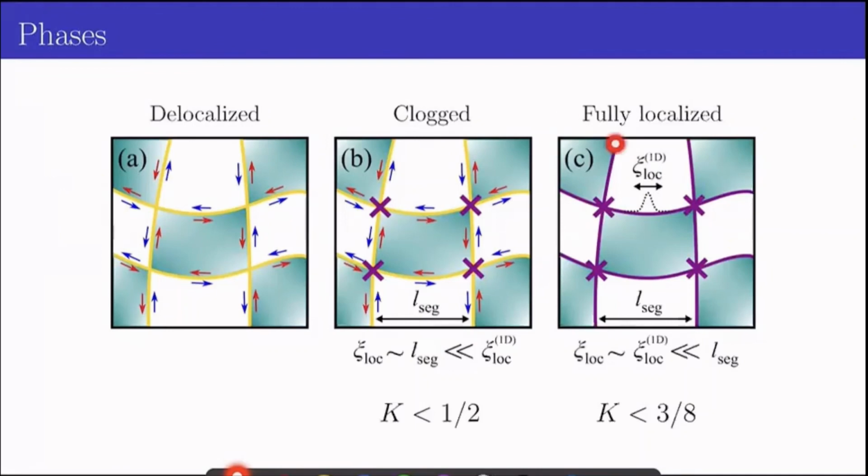For quite strong interaction, the 1D segments become localized because of the mechanism I mentioned in the first part. And there is an intermediate regime. The junction is locally gapped, and the symmetry is broken spontaneously only at the junction. However, the 1D segments are localized.